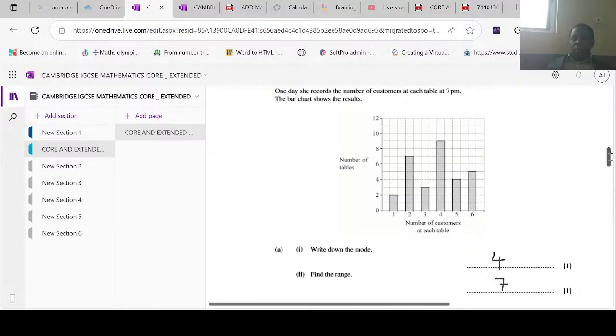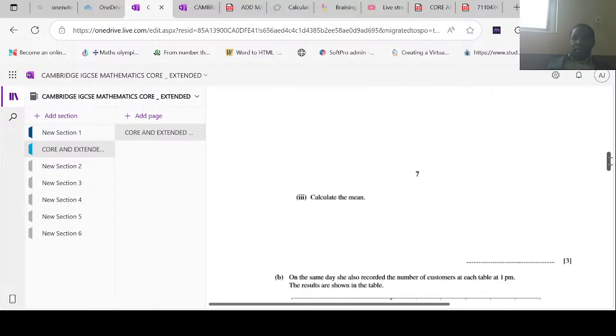All right. So let's move to the next question. Calculate the mean. Now, since this one has frequency, remember the formula for mean, x bar. You can find it using the mathematical formula: x bar is equal to summation of f times x. This symbol means summation.